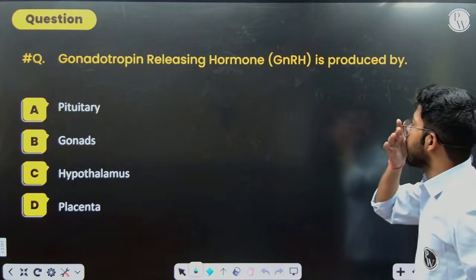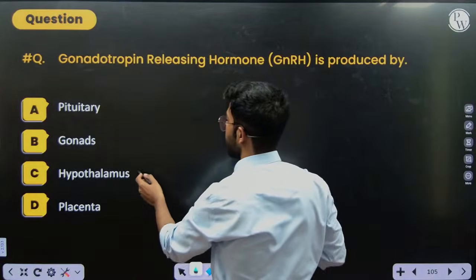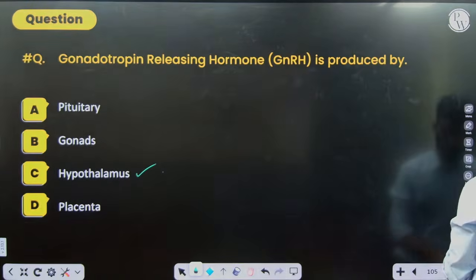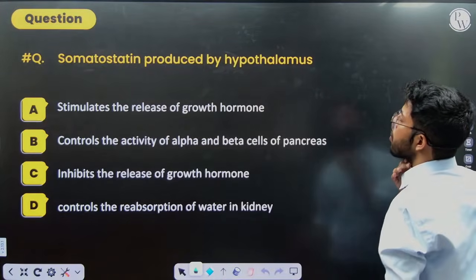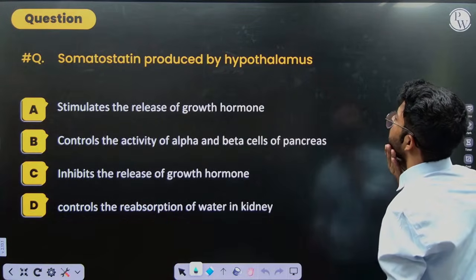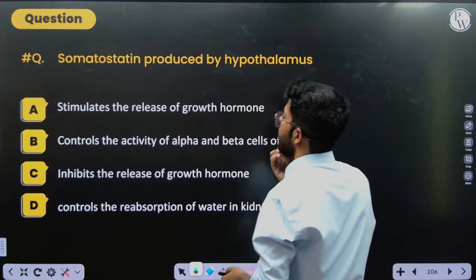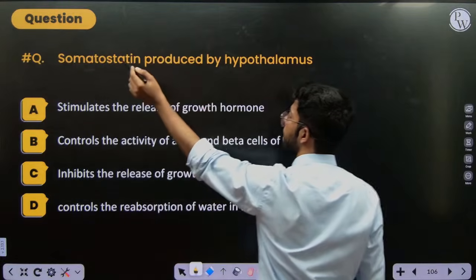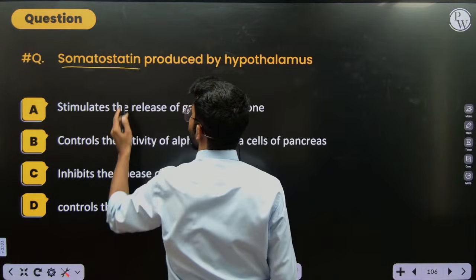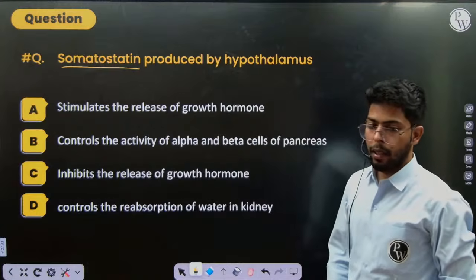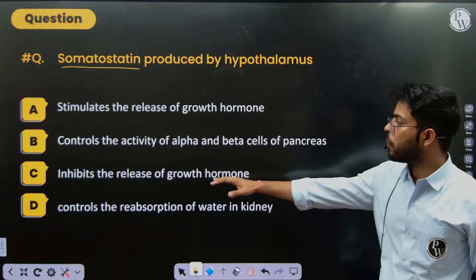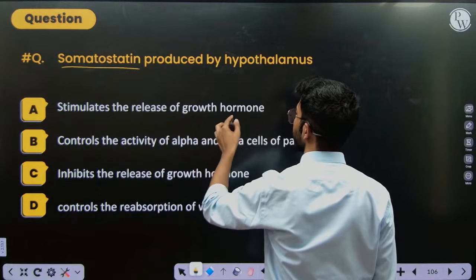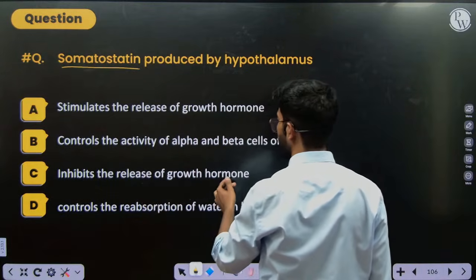GnRH is produced by the hypothalamus; these are hypothalamic hormones, that's why the answer is hypothalamus. Somatostatin is also produced by the hypothalamus, and it affects growth.